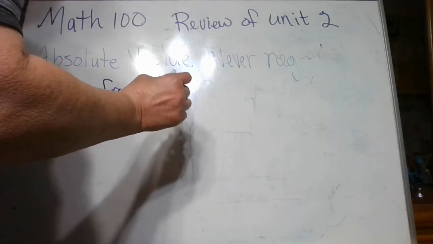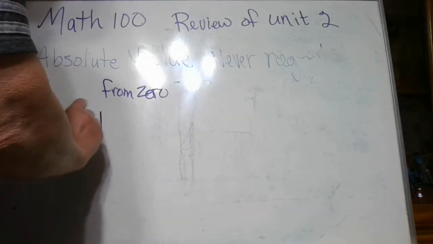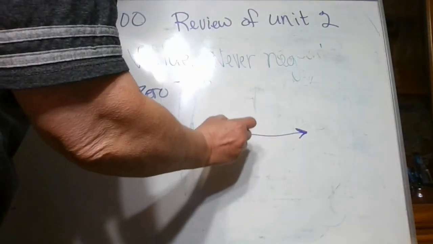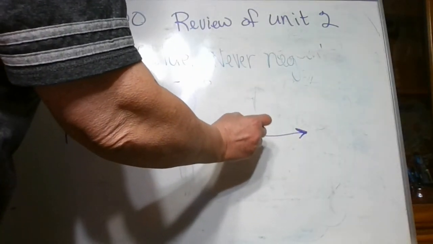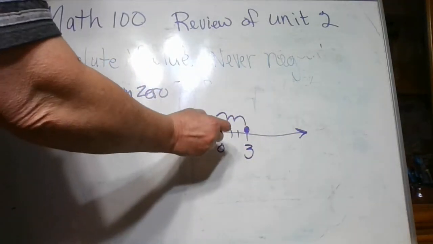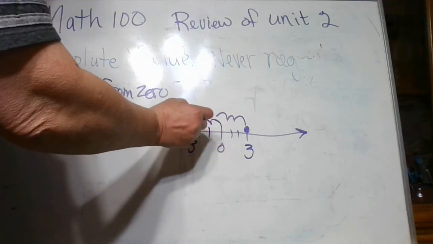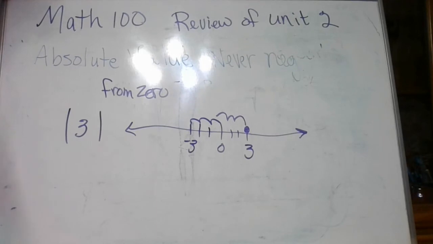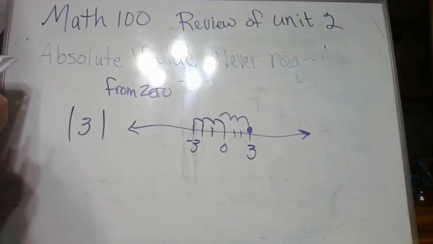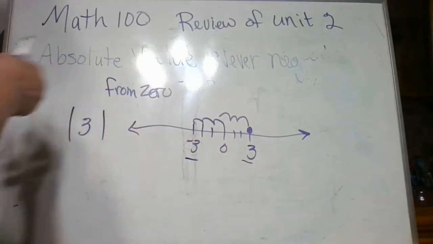So on a graph, if I'm going to graph the absolute value of 3, I will make my line graph, put 0 on there, 1, 2, 3. 1, 2, 3 has a distance of 3. And going the other direction, 1, 2, 3 has a distance of 3. So the absolute value of 3 can be either a -3 or a +3.